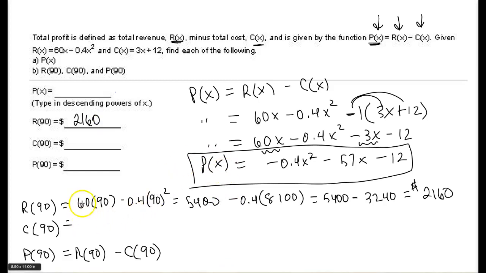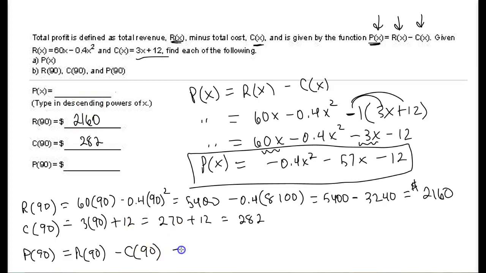For the cost, here we know that this is our cost function, so we just plug in 90 wherever we see x. 3 times 90 is 270. Plus 12, that'll be 282.